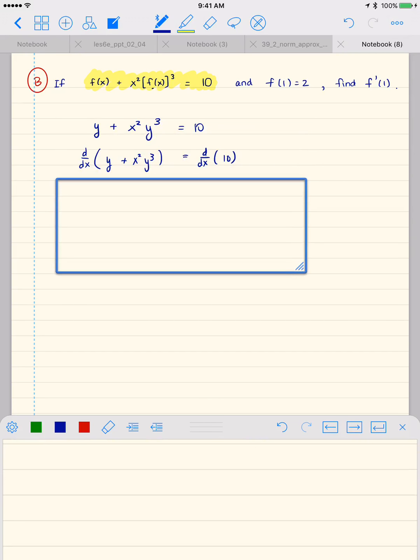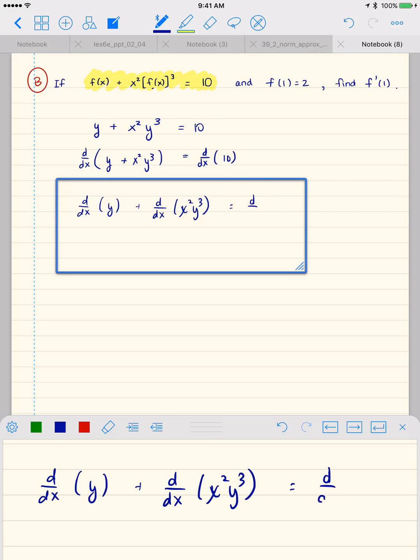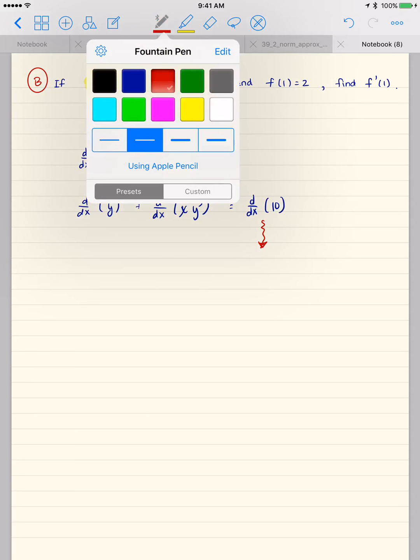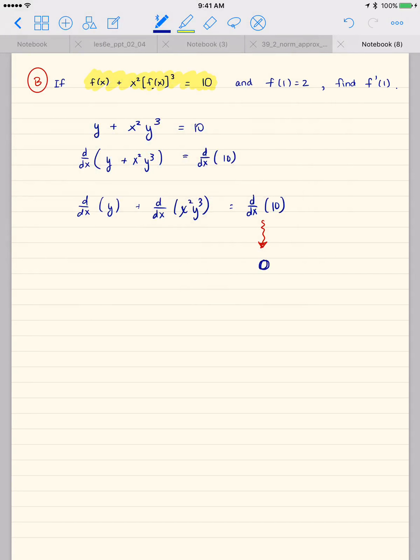Okay, so we'll get the derivative with respect to x of y plus the derivative with respect to x of x squared y cubed equals the derivative with respect to x of 10. Okay. Now, the derivative of 10 is just going to be equal to 0.